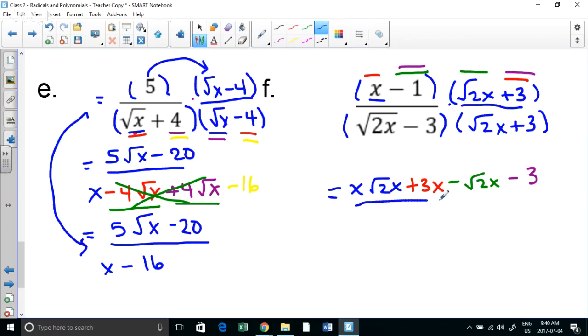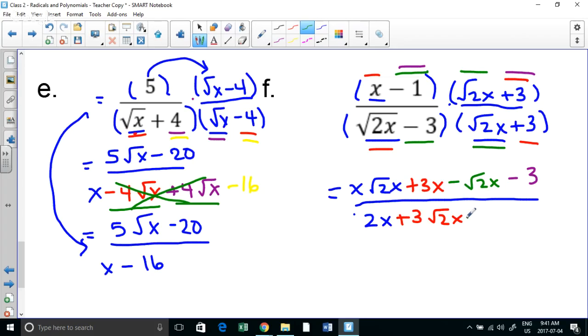All over, bottom half. Root of 2x times root of 2x gives you 2x. Root of 2x and positive 3 gives you positive 3 root 2x. Negative 3 with the root of 2x gives you minus 3 root 2x. And finally, this one with this one gives you negative 9.